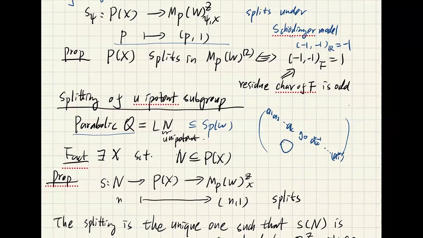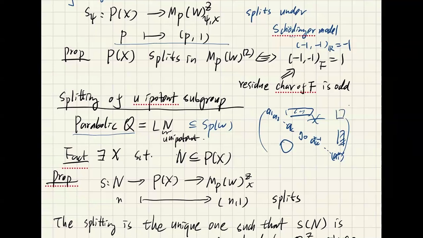This part is 0 and this part is arbitrary elements. Of course, this part determines this part.